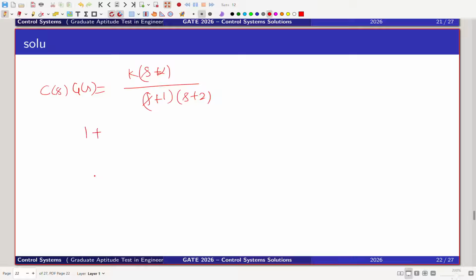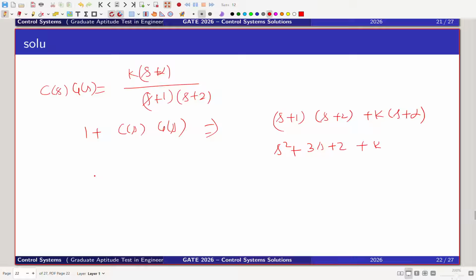So the characteristic equation will be s plus 1 into s plus 2 plus ks plus k alpha, which is s square plus 3 plus k into s plus 2 plus k alpha.